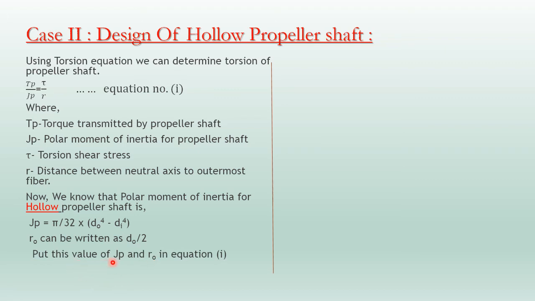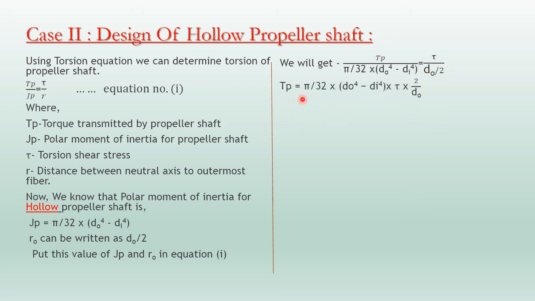Now put this value of Jp and Ro in equation first over here. So you will get Tp divided by pi by 32 into Do raised to 4 minus Di raised to 4 equal to tau divided by Do divided by 2. So rearrange these terms, you will get the Tp in the form of pi by 32 into Do raised to 4 minus Di raised to 4 into tau into 2 divided by Do.